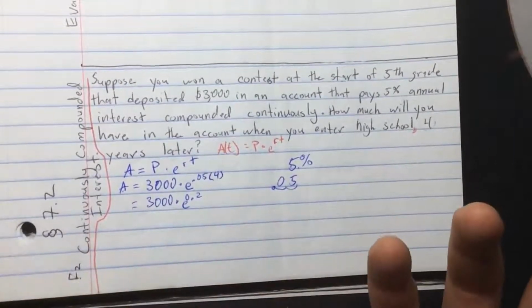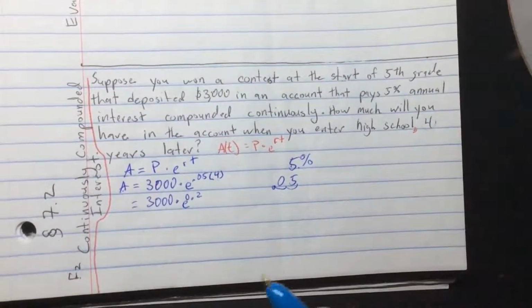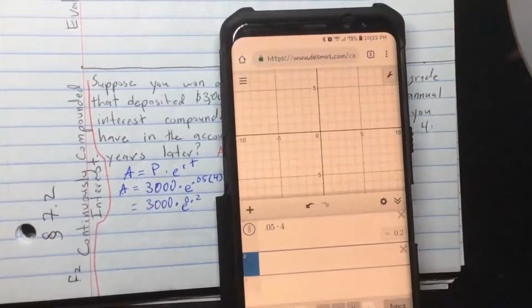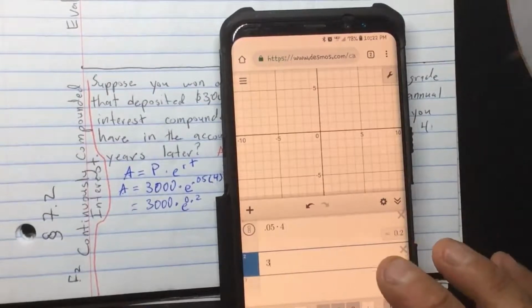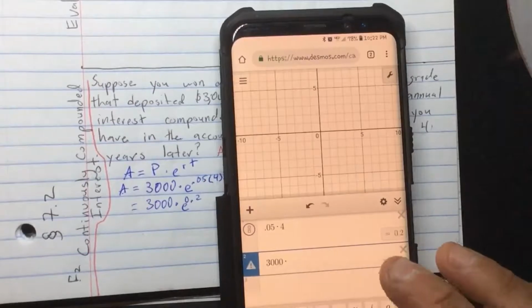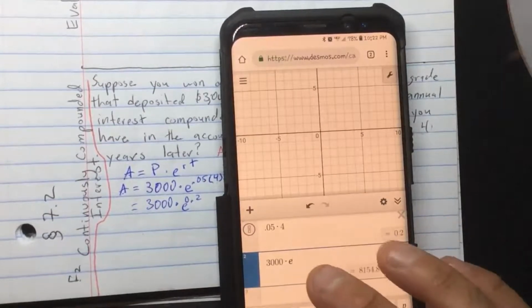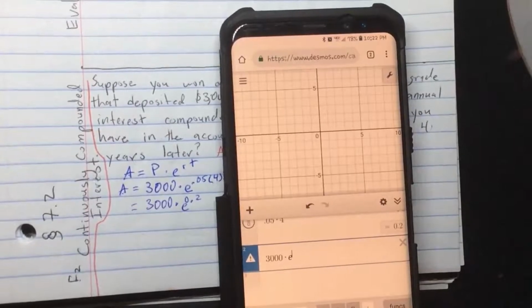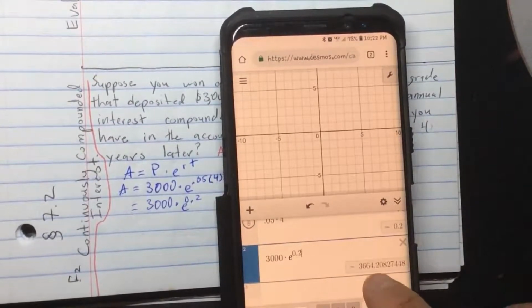So we just get 3,000 multiplied by e, and then we're going to raise e to the 0.2 power. It's going to give us our answer, so our A is going to be equal to $3,664.20.